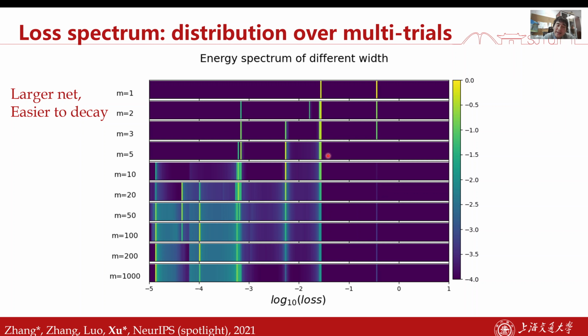And there is a tendency here: large networks tend to have this plateau at a smaller loss value, meaning larger networks decay the loss function more easily. So although they are similar in some sense, they have a difference. For large networks, training seems easier because they can more easily go to smaller loss, or more easily escape the critical points.